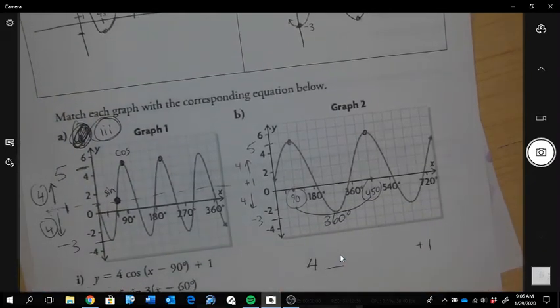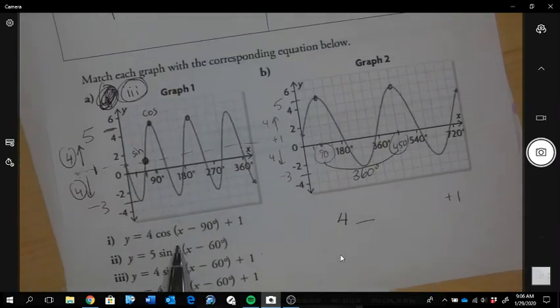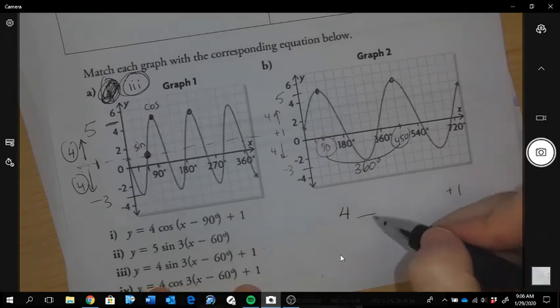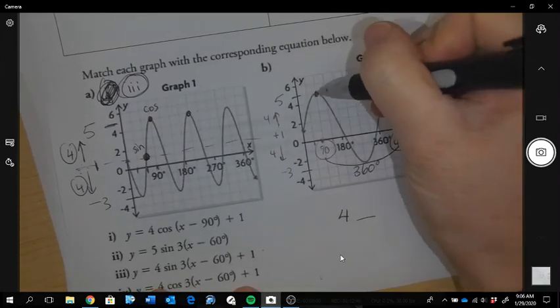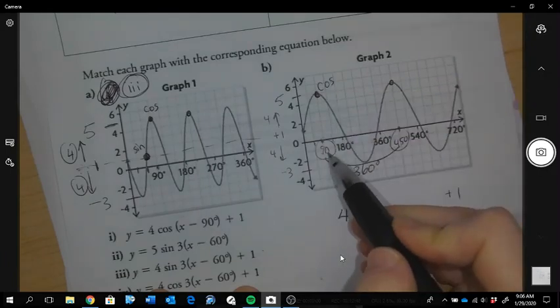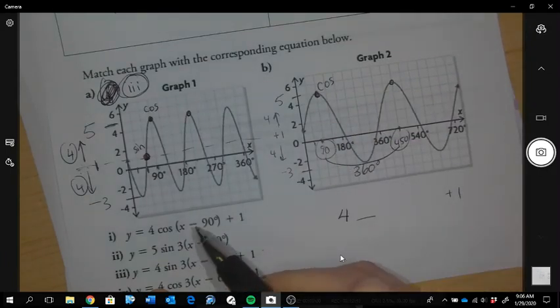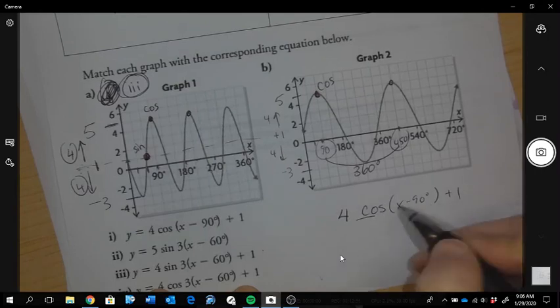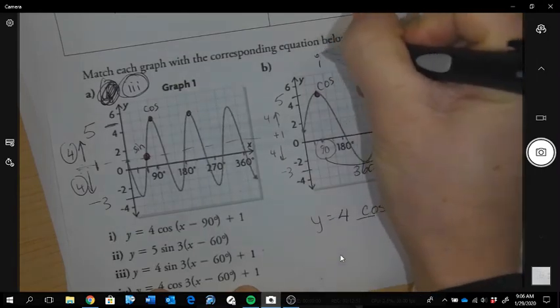So there's no compression. So all these have compression. So I'm gonna guess it's that one. And let's just talk. Does it work? Cos starter got moved 90 to the right. So this one works. So that matches with number 1.